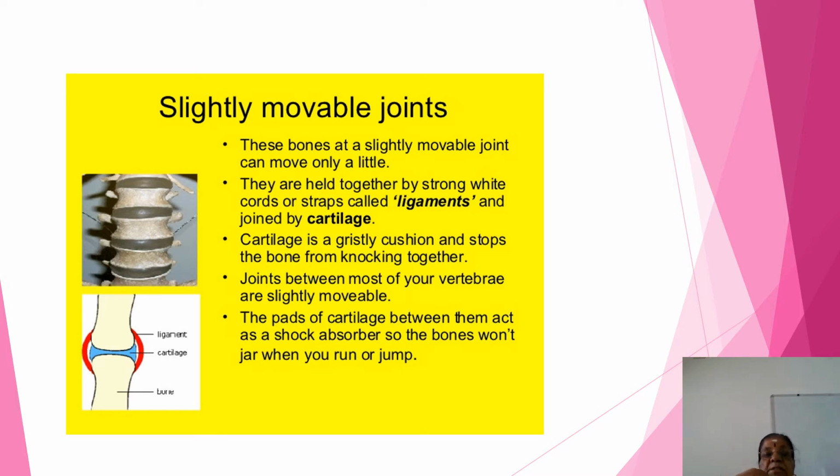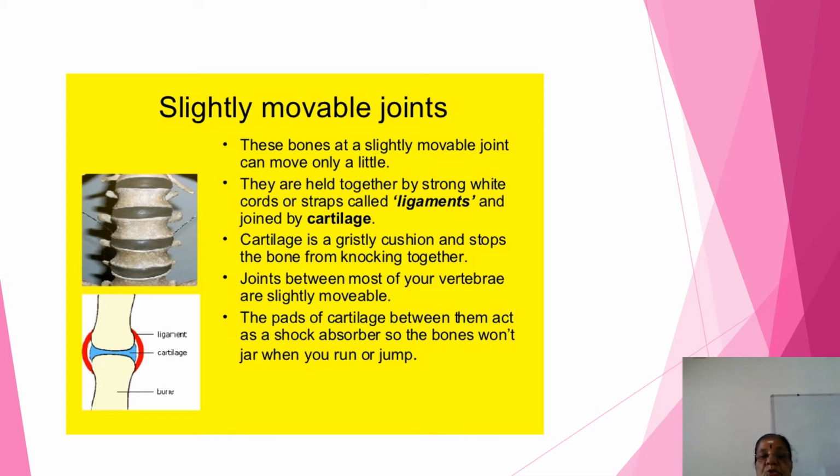So here it is given, slightly movable joints show only little movement. They are held together by strong white cords or straps called ligaments and joined by cartilage. In the second figure, the red circle shows the ligaments.